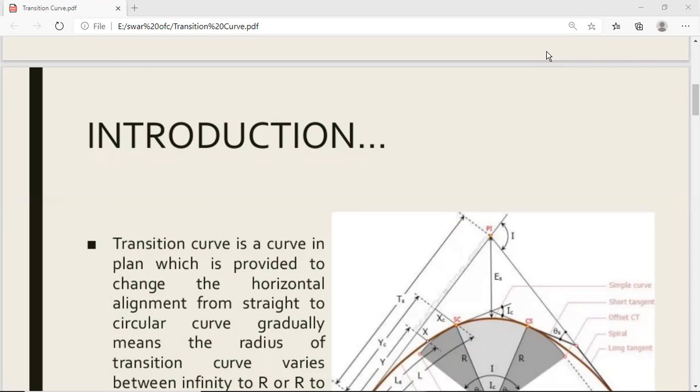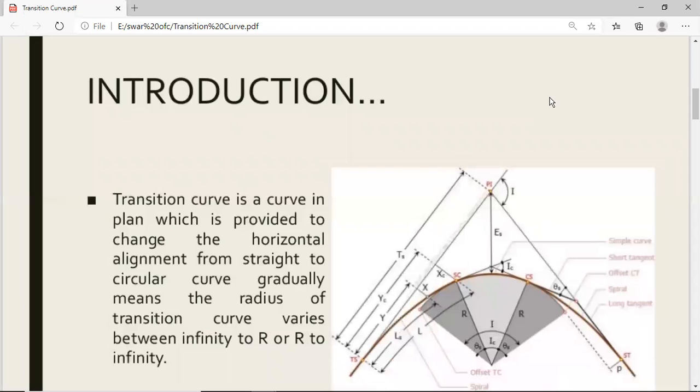In this session, we will discuss transition curves. So, what is a transition curve? A transition curve is a curve in plan which is provided to change the horizontal alignment from straight to circular curve gradually, which means the radius of the transition curve varies between infinity to R or R to infinity.